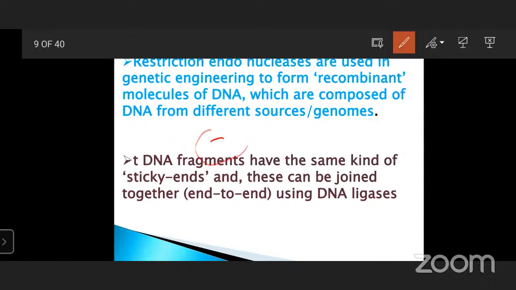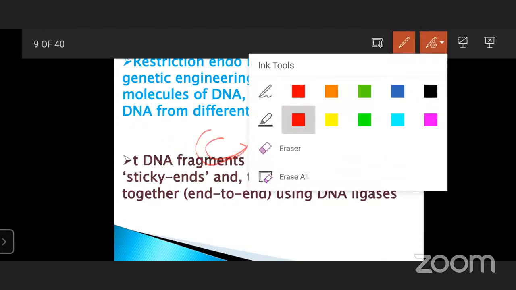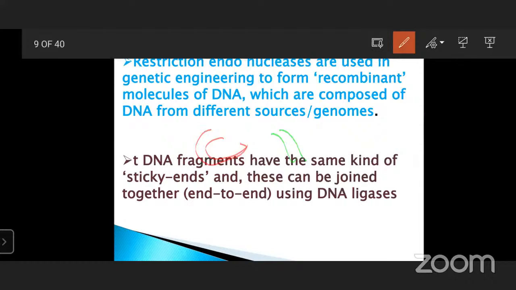So it is the plasmid. It is the foreign DNA with desirable genes. This foreign DNA is inserted into the plasmid or vector and it is called rDNA. And this rDNA, recombinant DNA, is inserted into a suitable host.